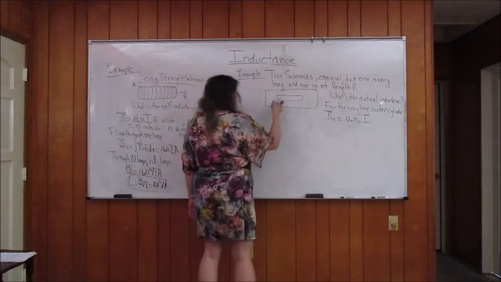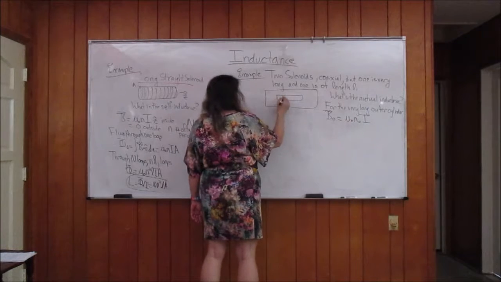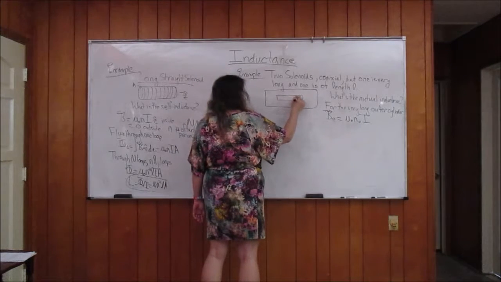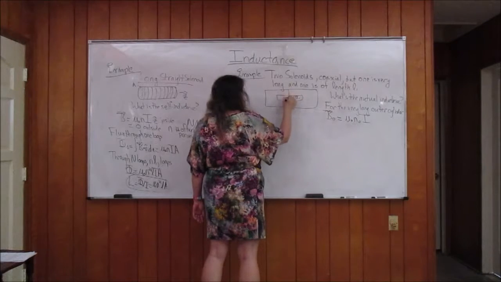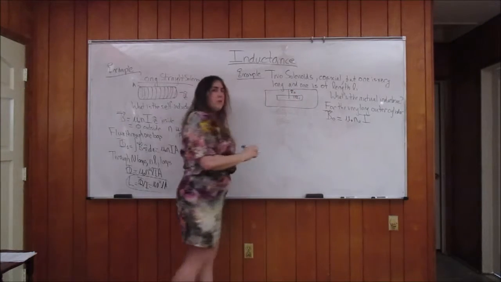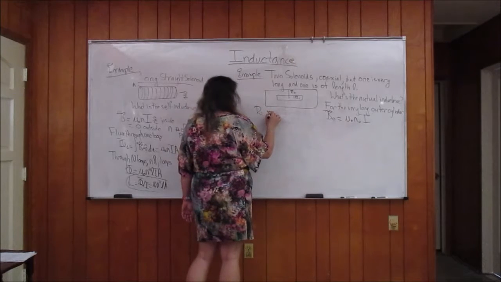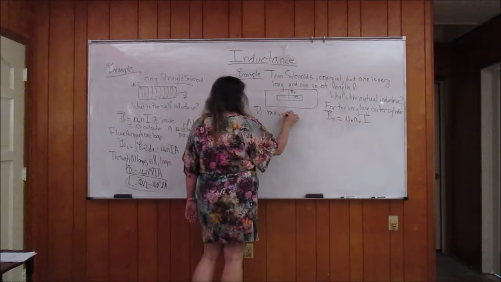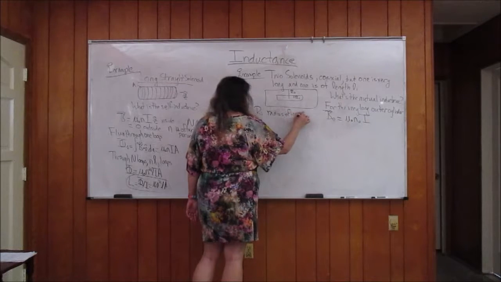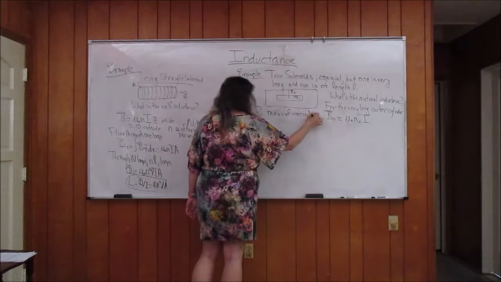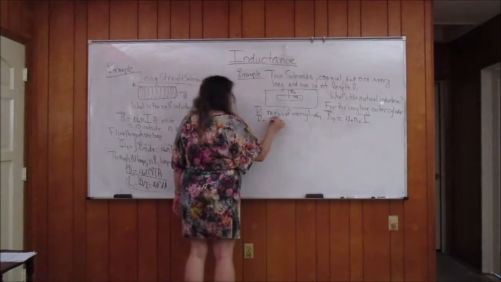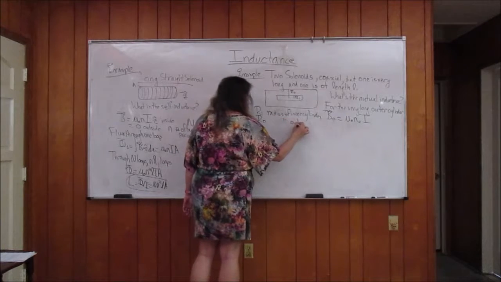To figure out the flux, let's suppose these have radii R_i and R_o respectively. So R_i is the radius of the inner cylinder, and R_o is the radius of the outer cylinder.